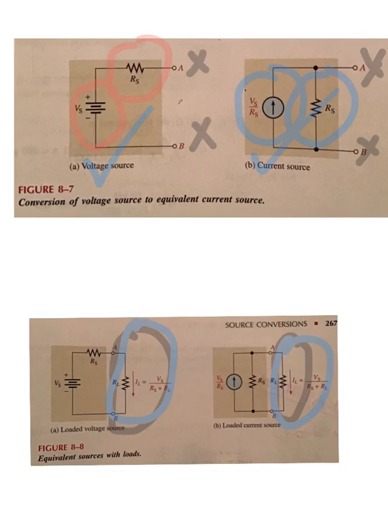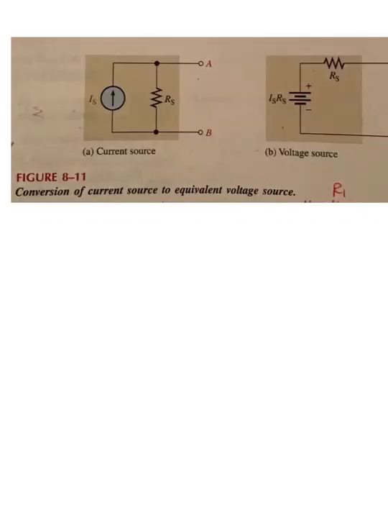Very hard to imagine right now because this is just a bunch of hot smoke that I'm blowing at you, but it's true. What you're looking at in figure 8-7 on the left is what a power supply looks like. What you're looking at on the right is what a current source looks like. It's so many amps with a parallel resistor. We saw this in section 8.1 and 8.2. Now, why are we doing this? We're doing this because sometimes it's easier to start forward.